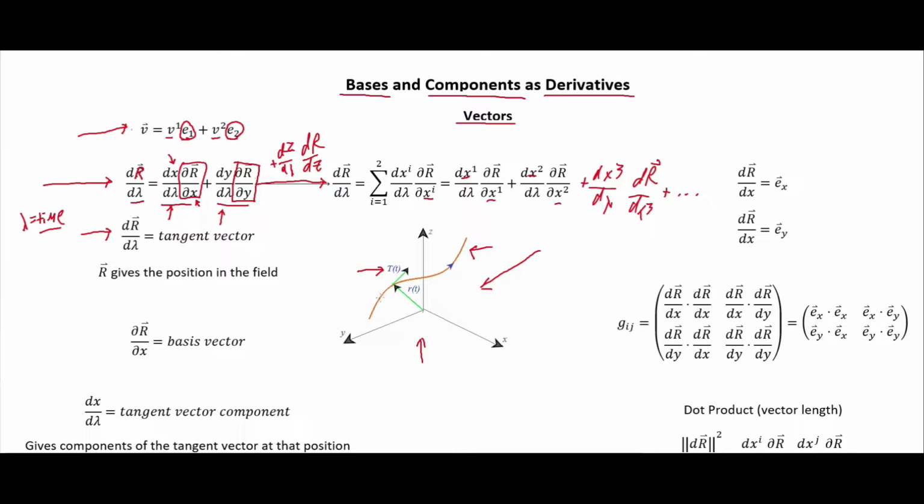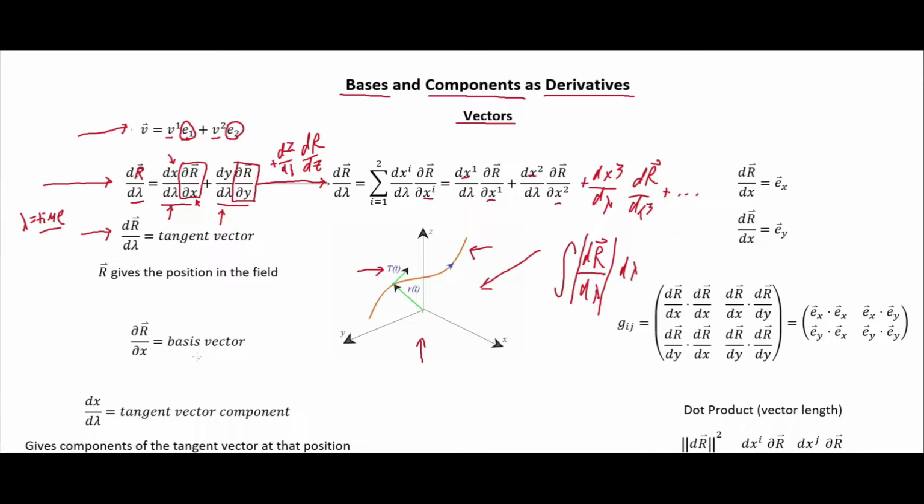You can think of a line as just being a bunch of infinitesimally small tangent vectors added together. In fact, you will often see it written as an integral of dr d lambda times d lambda, because it's just the sum of all these infinitesimally small tangent vectors put together.